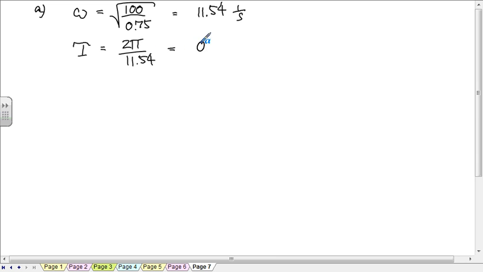So you get 0.544, and what are the units of period? Seconds, yep. And from there, the frequency is 1 over the period. So you get about 1.84, and the units of frequency is hertz.